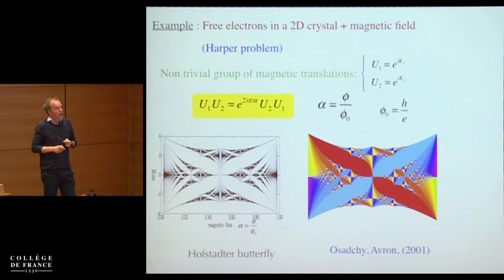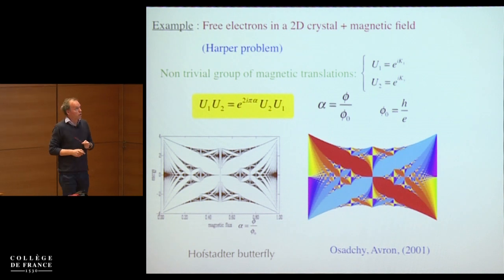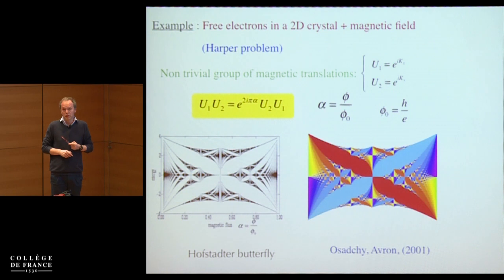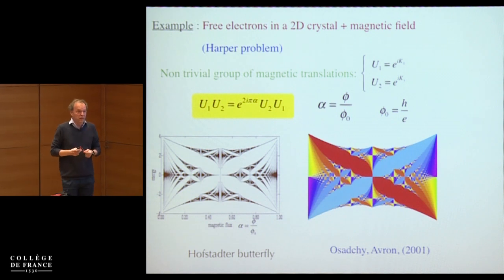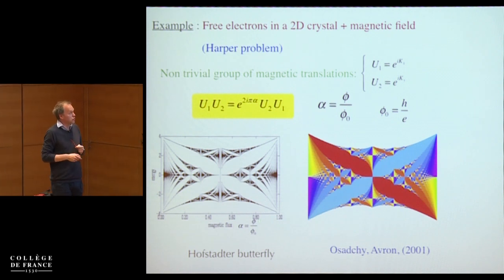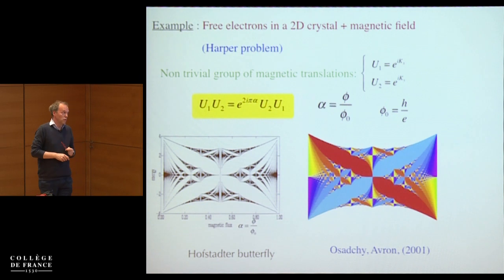And this group has this commutation law, where alpha here is the flux through the system in units of the normal flux quantum. And if you plot the spectrum, which is the energy as a function of this magnetic flux, you get the so-called Hofstadter butterfly, which is not only important, it's also beautiful.